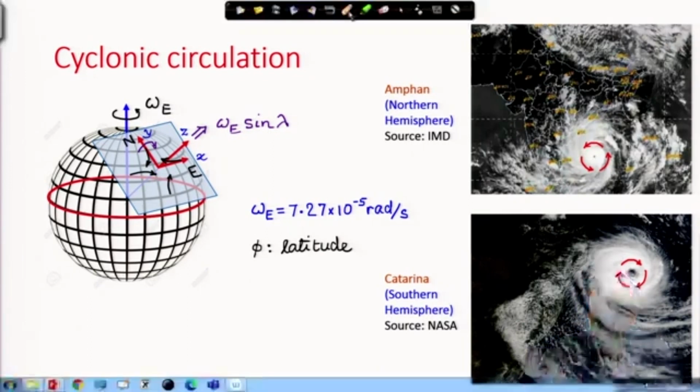This part is Brazil. You can clearly notice here that the cyclonic circulation direction is just the opposite. The equator passes somewhere north of Brazil, this is about 10 degrees south, and here the circulation is clockwise.